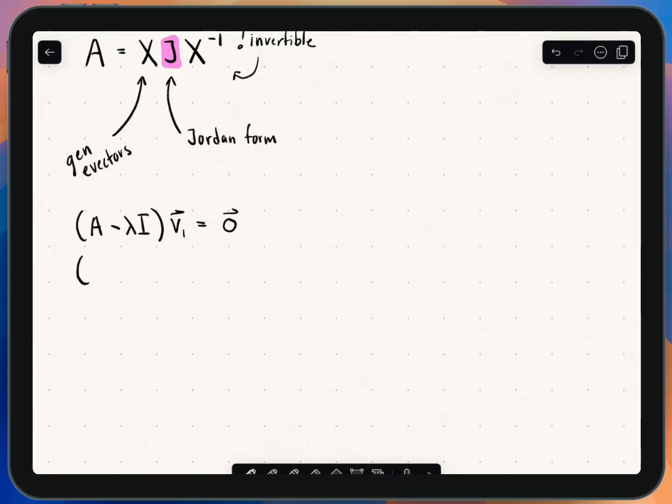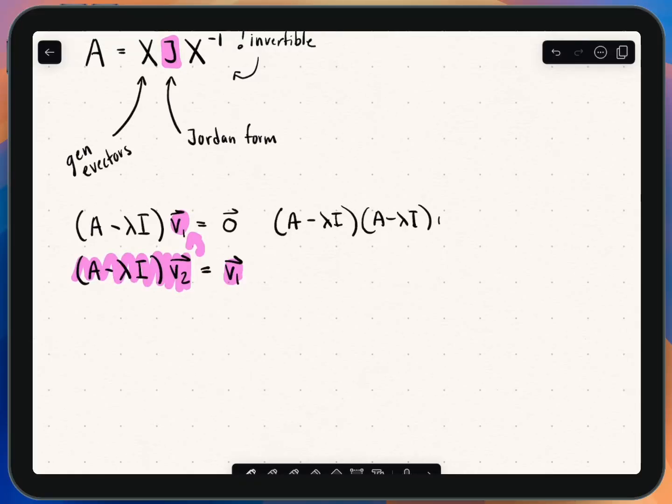But if we say that our generalized eigenvector here, v2, we can allow it to be v1 instead of 0, which means that if I substitute v1 into this equation, we can just plop all of this into the position of v1 right here, and that's going to give us (A minus lambda I) and then (A minus lambda I) again times v2 is equal to 0. So we get the equation (A minus lambda I) squared v2 is equal to 0. So we need to go this extra step to get our 0.